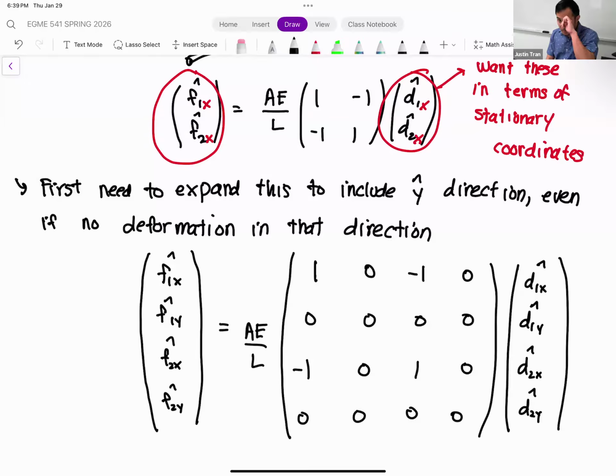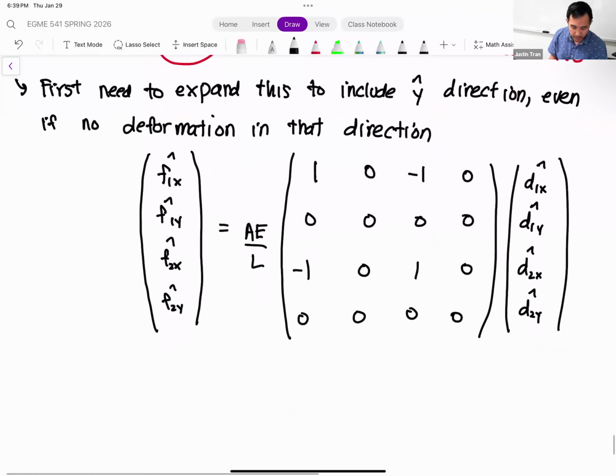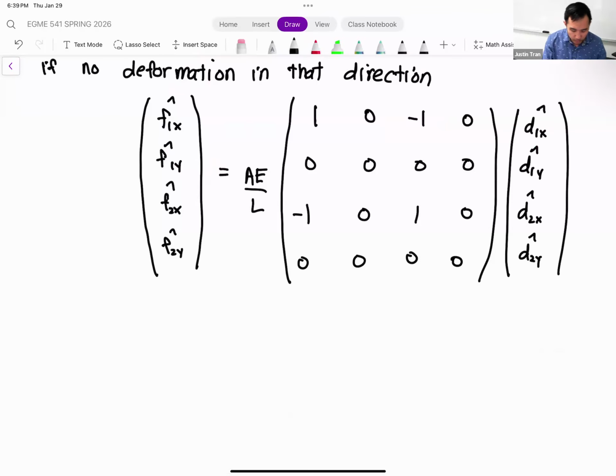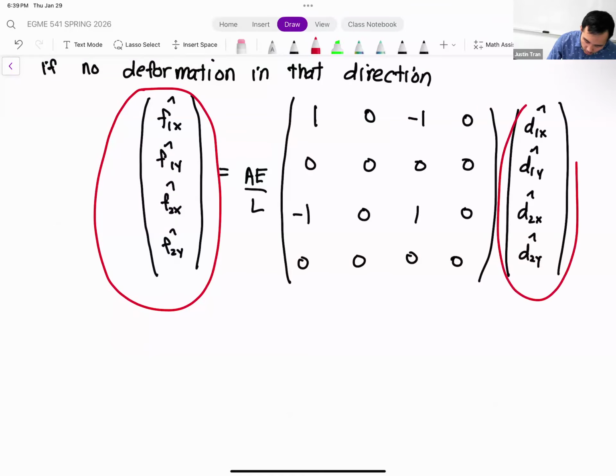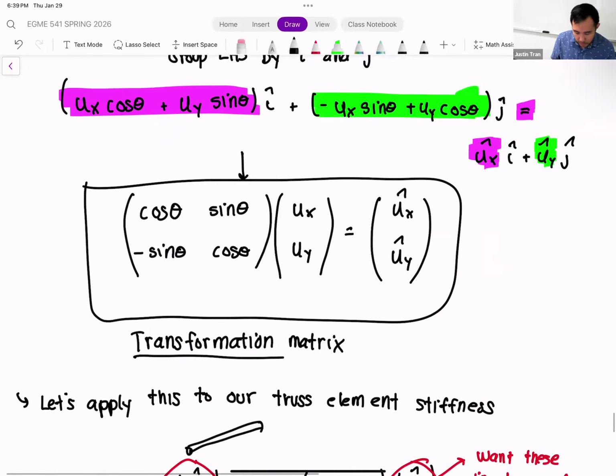All right, any other questions on this? Okay, we don't have time to finish the proof, but I do want to show you the next step. Essentially what we're going to do is replace these 2 ends here with the corresponding stationary coordinates. So we're going to apply our transformation matrix.